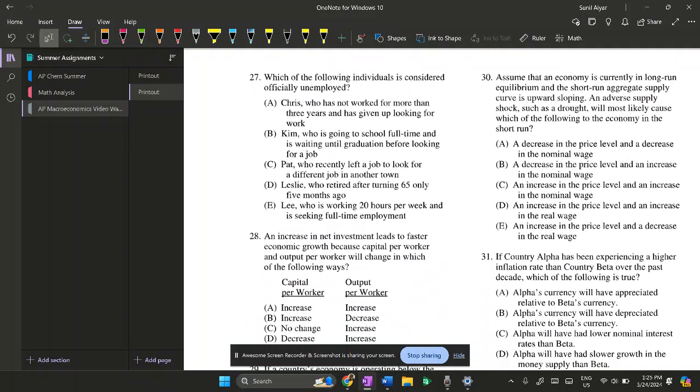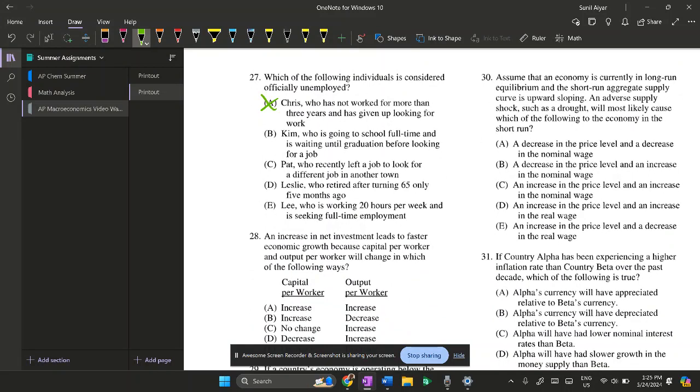27. Which of the following individuals is considered officially unemployed? So Chris, who has not worked for more than 3 years, and has given up looking for work. So this guy is unemployed, but he's not counted in the unemployment rate. So you actually can't circle that.